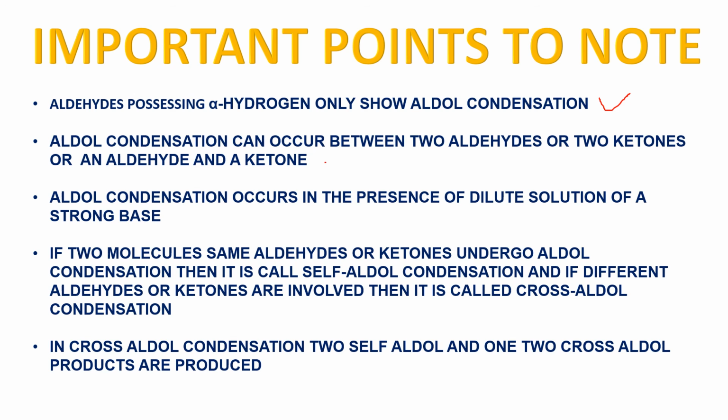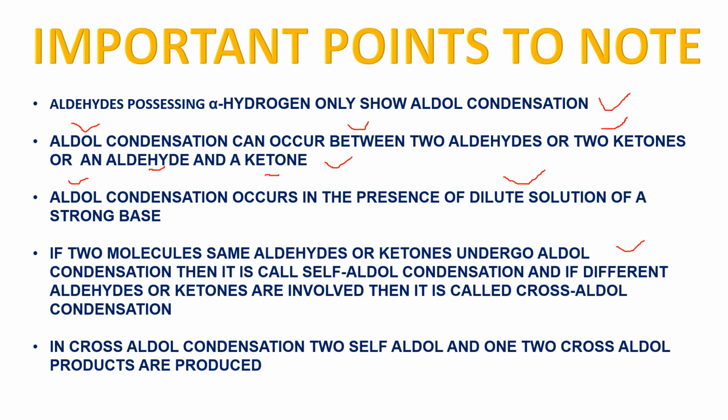Then second important point, aldol condensation can occur between two aldehydes, two ketones, or an aldehyde and a ketone. Even if ketones are involved, we simply call it aldol condensation only. Now, aldol condensation occurs in the presence of a dilute solution of a strong base. And the Cannizzaro reaction, if you can recall, was occurring in a concentrated solution of a strong base.